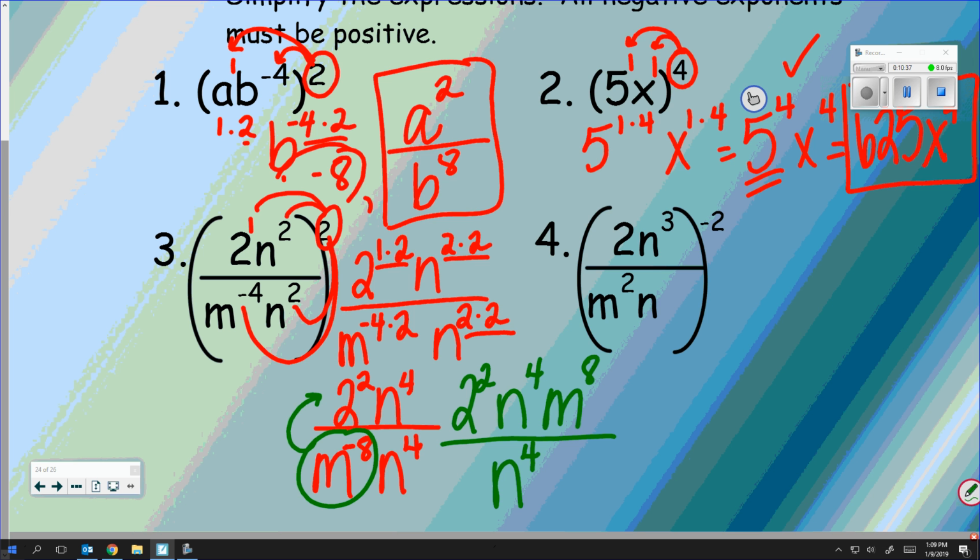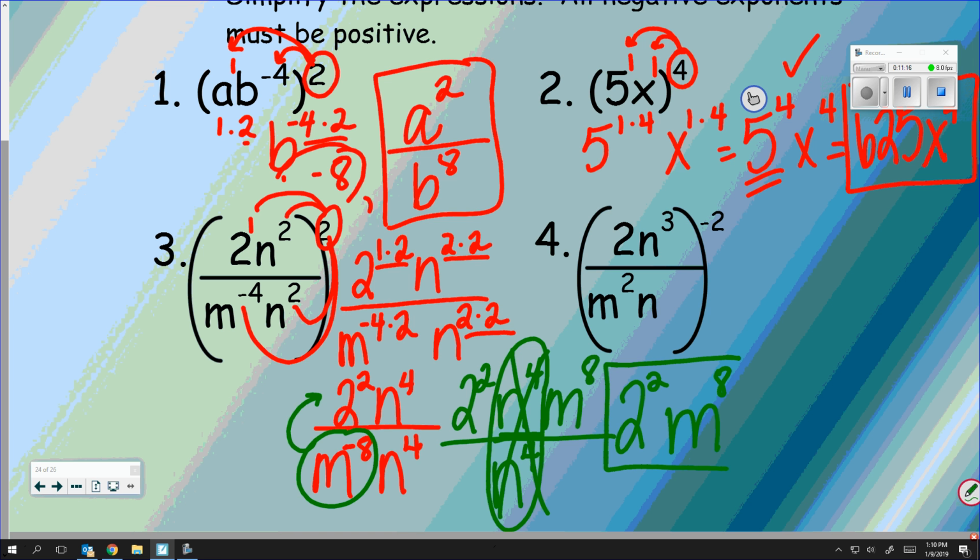Now are we done? We actually are not done. So we look, do we have any bases that are the same on the top and the bottom? Okay, we have our n's that are the same. So how do we do that from yesterday? We subtract them. So what is 4 minus 4? 0. So do we have to write it? No, so we can just cancel these out. So 2 squared and n to the 8.